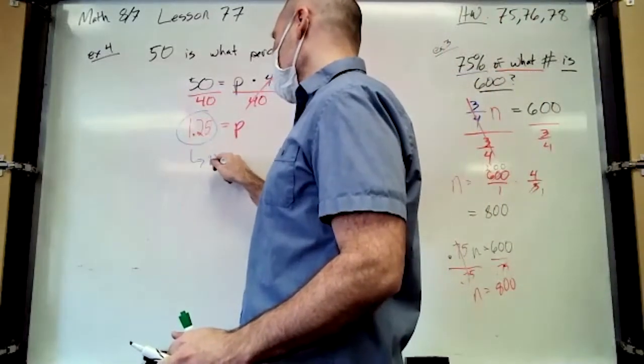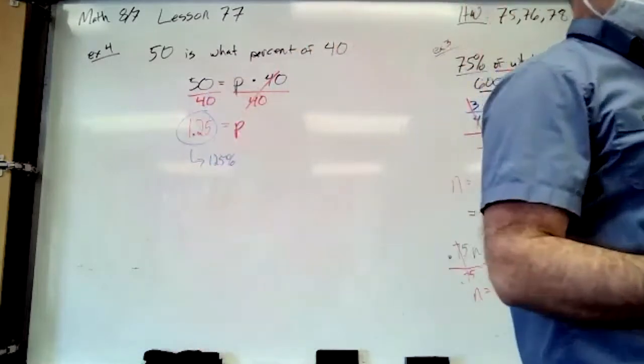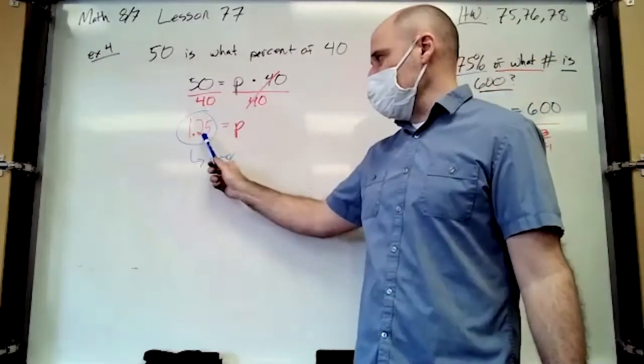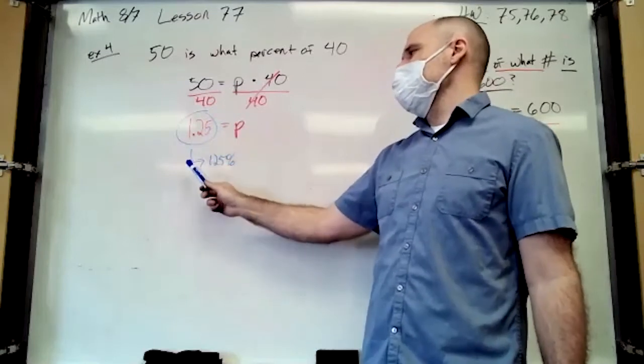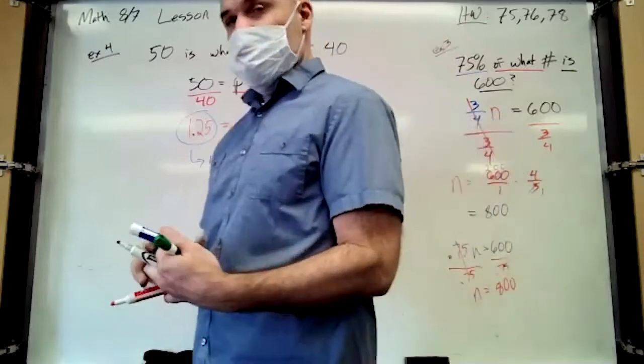Yes, so it's more than 100%, which makes sense because 50 is more than 40. So it's going to be over 100%. Okay, wait, that's not the answer because it's asking for a percent. So change a decimal to a percent by moving the decimal over 2 places. That's not bad, right?